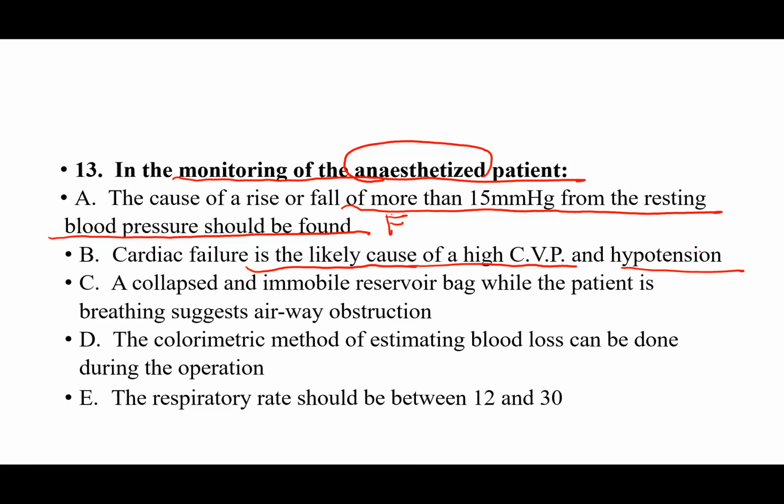Now, let me explain something to you about this central venous pressure and the heart itself. When you see a patient with reduced central venous pressure, during monitoring of an anesthetized patient, you can pass a central venous line and monitor the central venous pressure. Is that so? Yes.